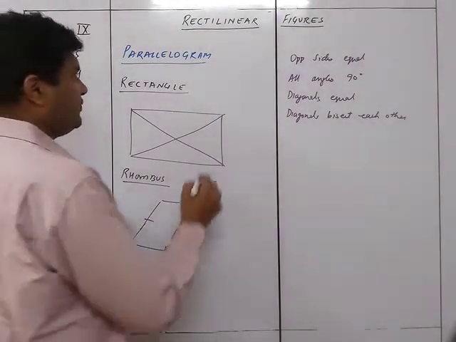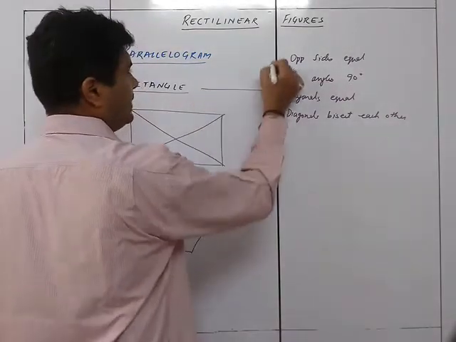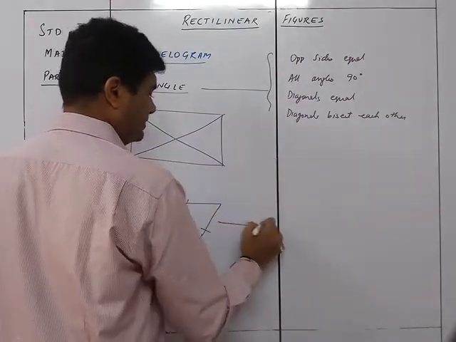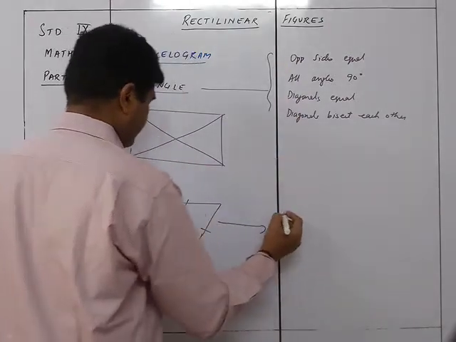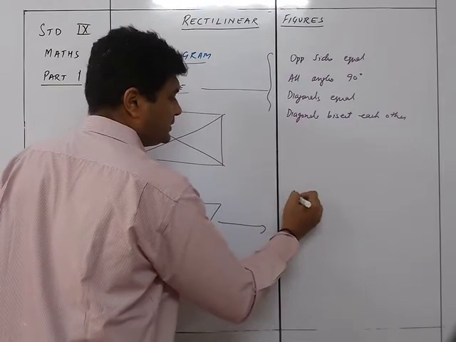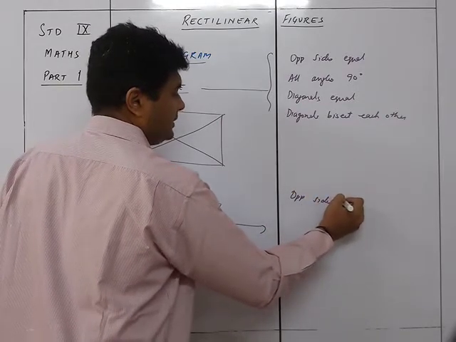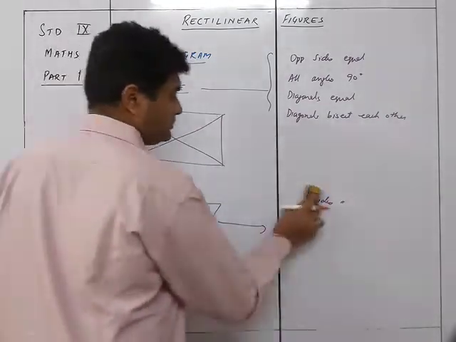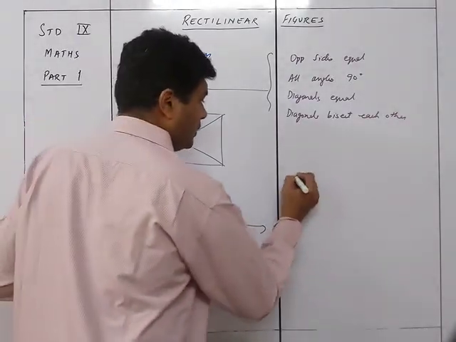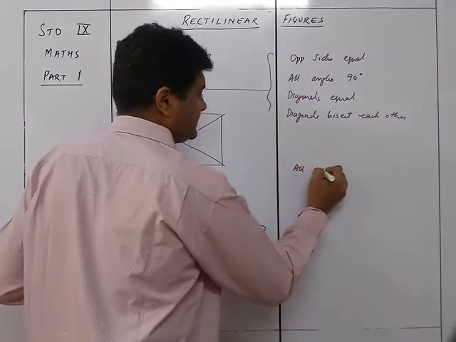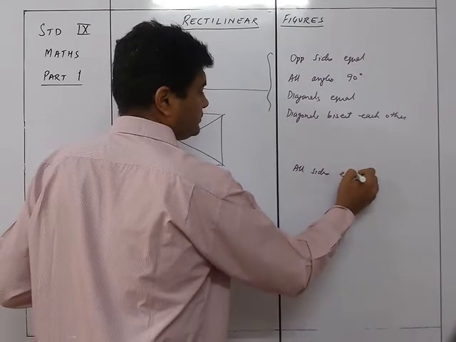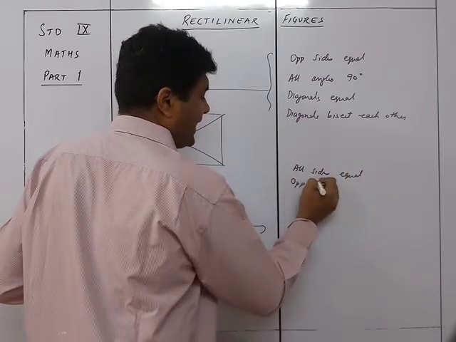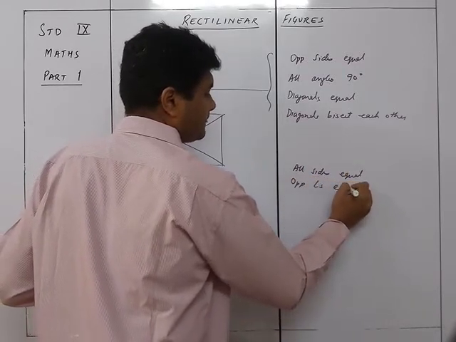So over here in case of a rhombus, so this is for a rectangle. Now for the rhombus over here, it is going to be this way, that all sides equal, opposite angles equal.